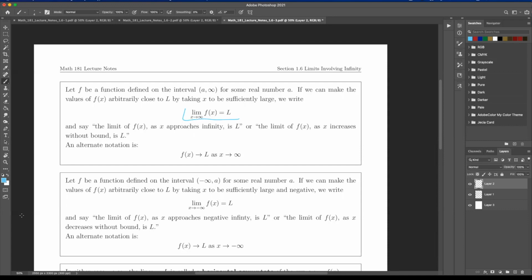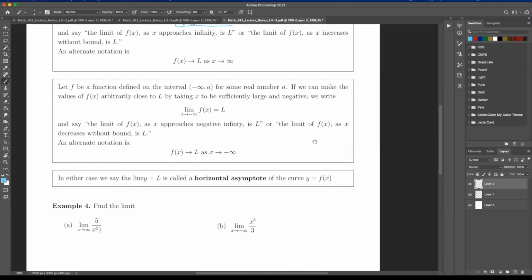So what happens when we get sufficiently large or sufficiently negative? And this is just the same thing, just for going in the negative direction. As x approaches negative infinity, f of x is L. And we write this in notation. And we call these horizontal asymptotes.